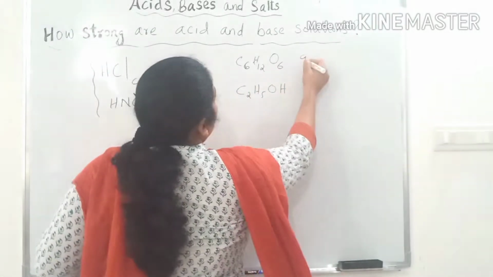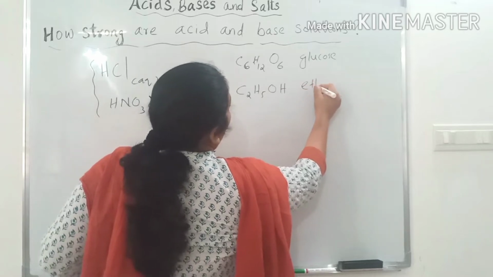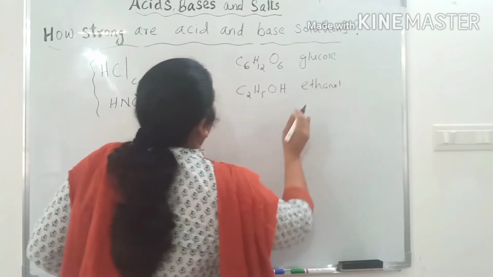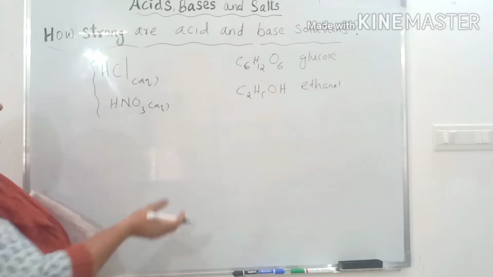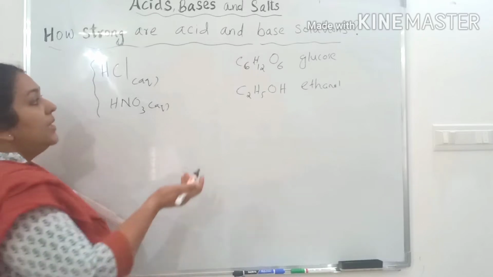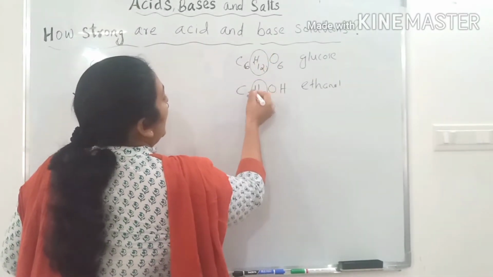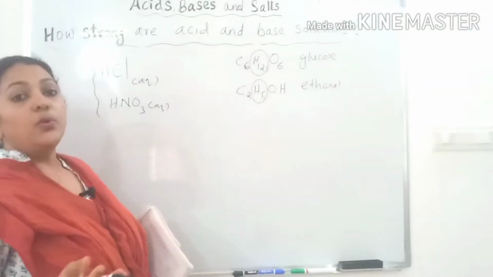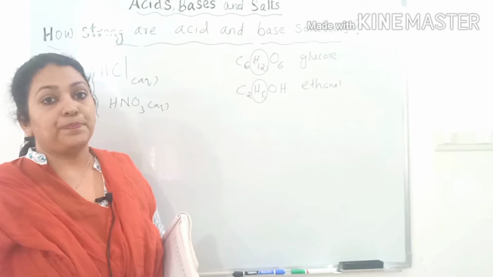This is glucose, the chemical formula of glucose, and this is ethanol, common alcohol. The question is why these solutions show acidic behavior, acidic character, while even though glucose and ethanol contain hydrogen, they do not show any acidic behavior, acidic character.